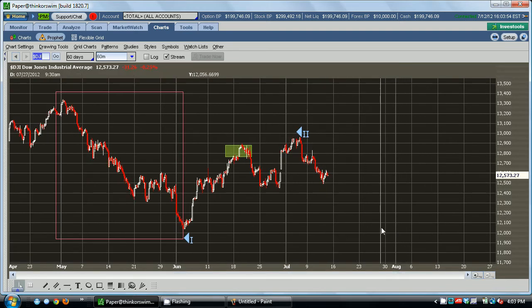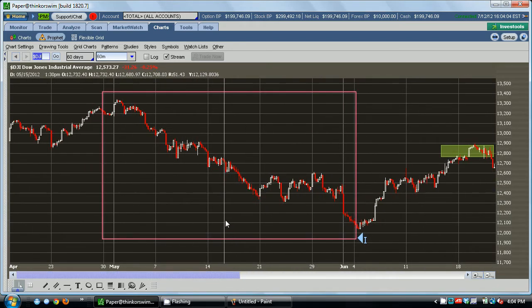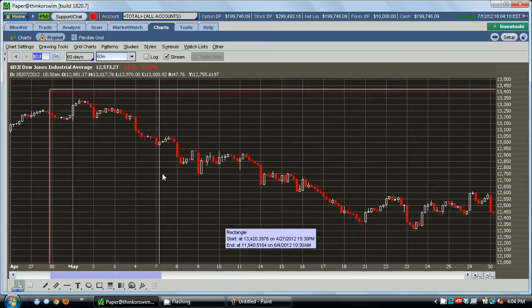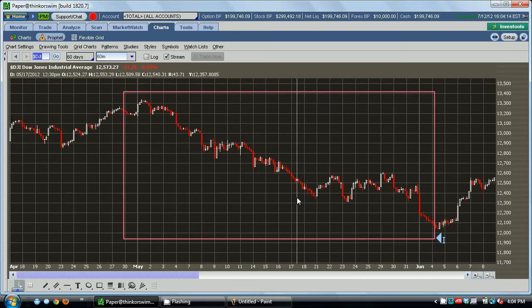Okay, so if we take a look at what's going on right now, I want to first mention that every single thing in the market is fractal in nature. That means that if you look at a longer term chart like this, 60 days, and you zoom in, it's going to look a lot like the longer term chart.